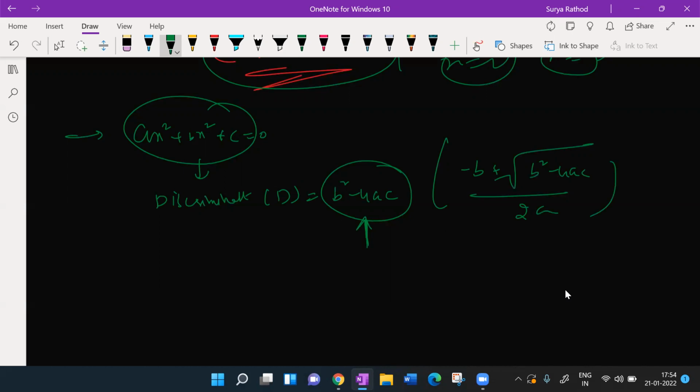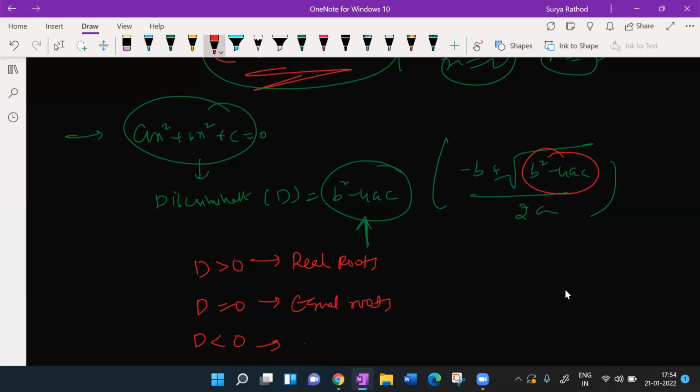Whatever you have inside the square root gives you the discriminant. If discriminant is greater than 0, you will get real roots. If discriminant equal to 0, you will get equal roots. If discriminant less than 0, you will get imaginary roots.